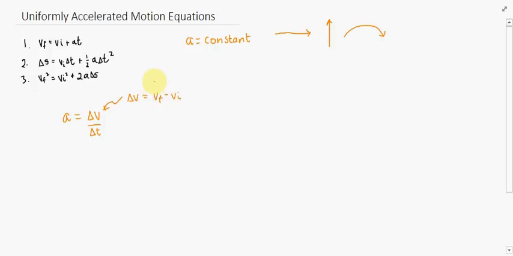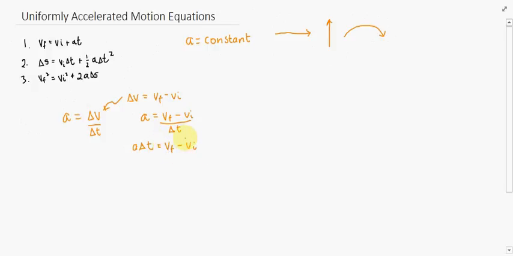So I'll substitute that in there, and rewrite the equation as: the acceleration is equal to the final velocity minus the initial velocity over some change in time. And if I multiply this change in time out to both sides, I get that acceleration times the change in time is equal to the final velocity minus the initial velocity.